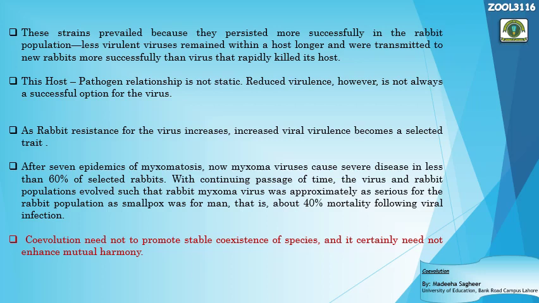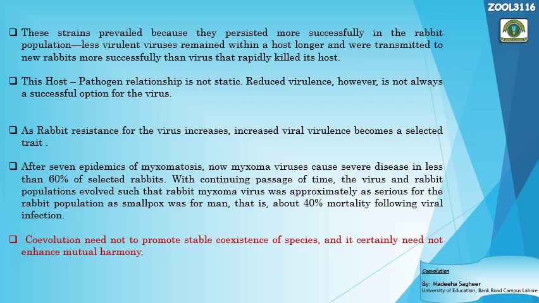But at the same time, as I told you, this host-pathogen relationship is never a static relationship. Changes do occur. At a certain time, hosts become resistant, and next time the virulence of the viruses becomes much greater. So reduced virulence is not always a successful option for the viruses.